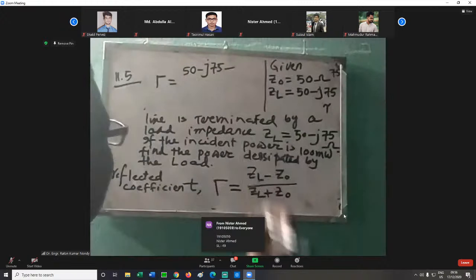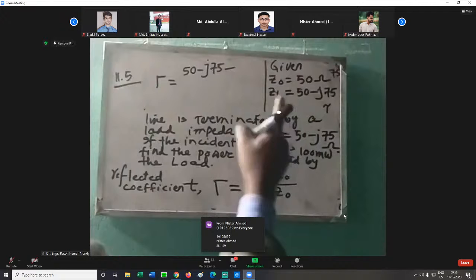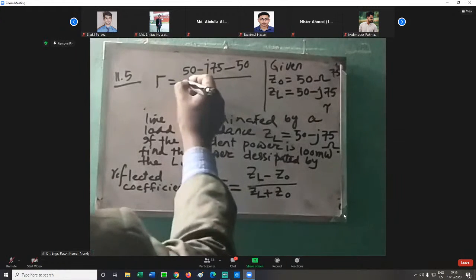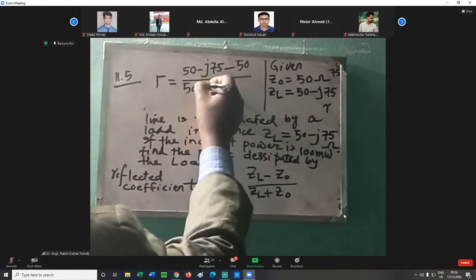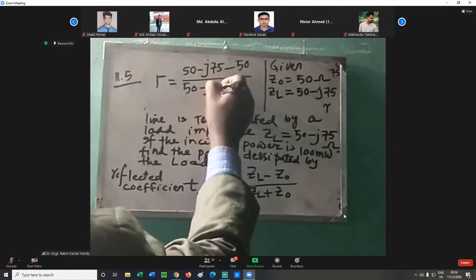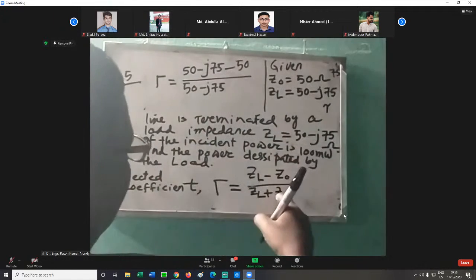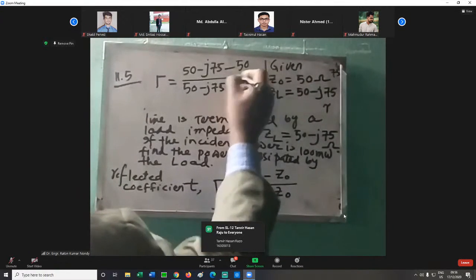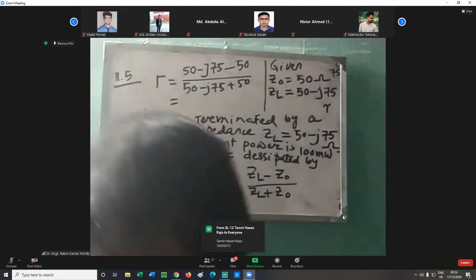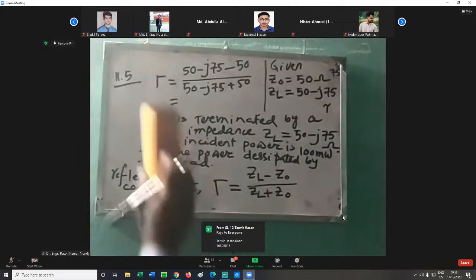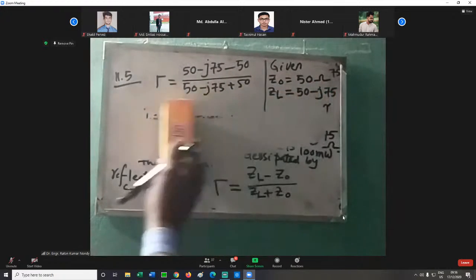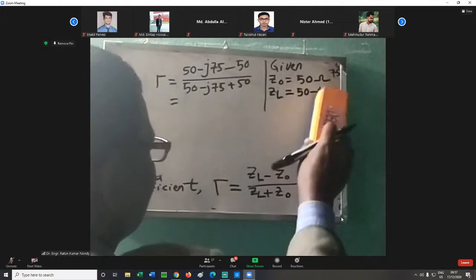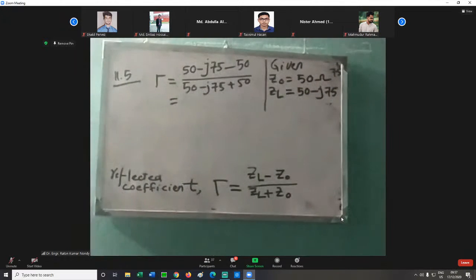ZL minus Z naught, where Z naught equals 50, divided by ZL plus 50. 50 minus 75 is 25, plus 50. So minus j75 divided by 100 minus j75.